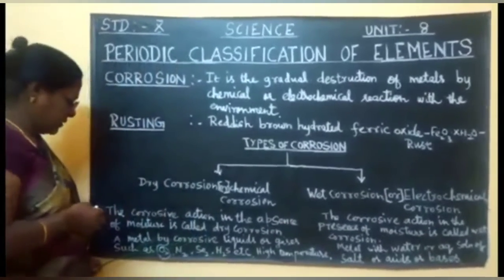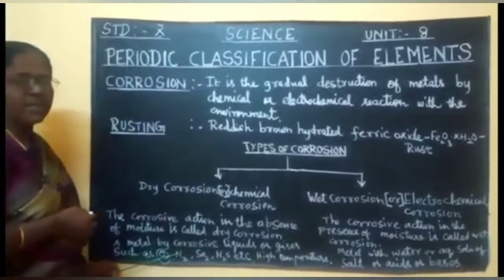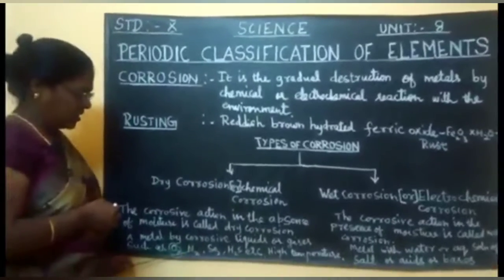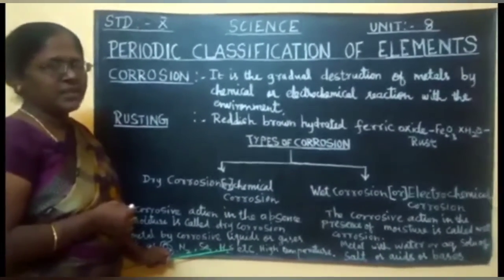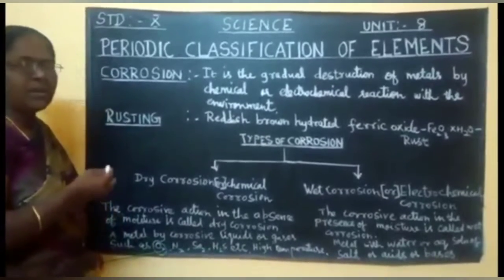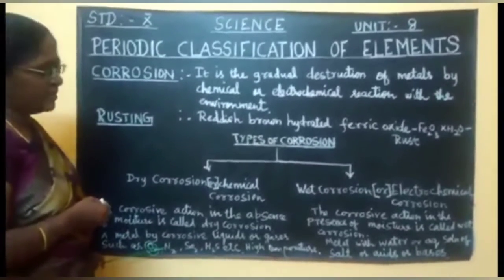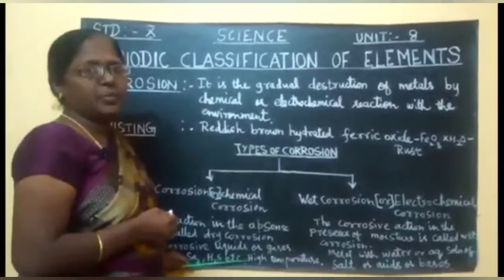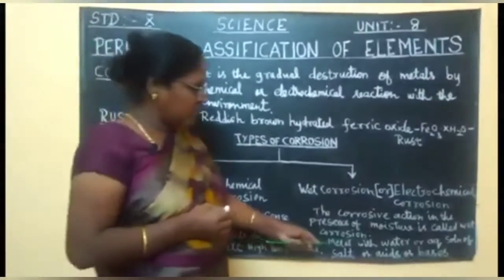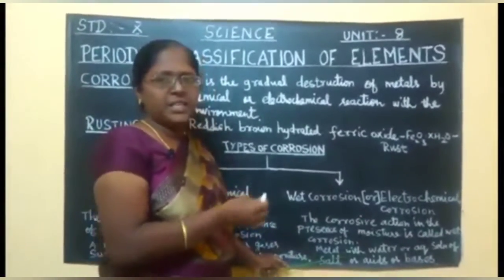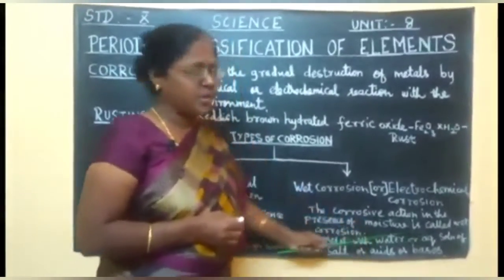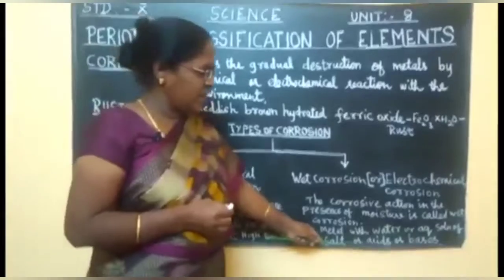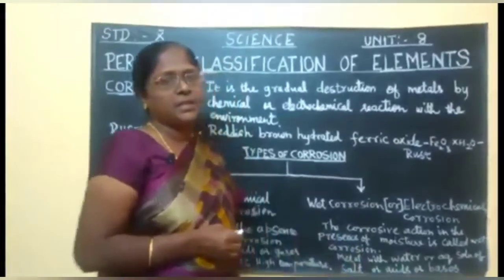Here we are having some gases: oxygen, nitrogen, sulfur dioxide, hydrogen sulfide. So here oxygen is the most reactive gas. It is at a high temperature. In this case, the reaction is taking place with the water or aqueous solution of salt or acid or bases.